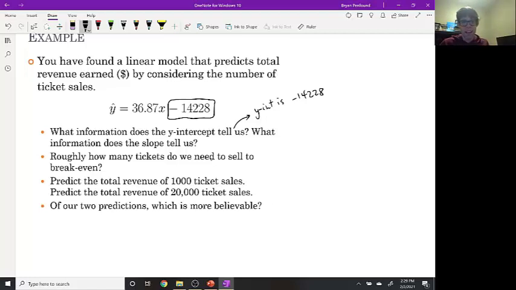So if I don't sell any tickets, in other words if X is equal to 0, I still owe $14,228. So my revenue is essentially a negative dollar amount. That's how I might interpret the y-intercept, as a dollar amount owing if I don't sell any tickets.